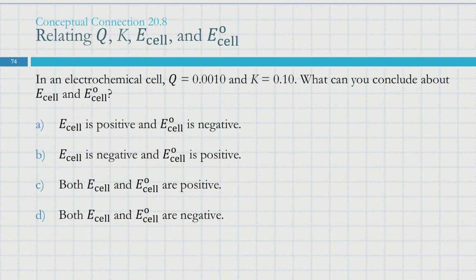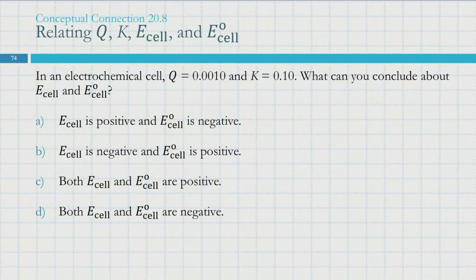In an electrochemical cell, Q is given, K is given. What can you conclude about E cell and the standard E cell? One's positive, one's negative. They're both positive, they're both negative.